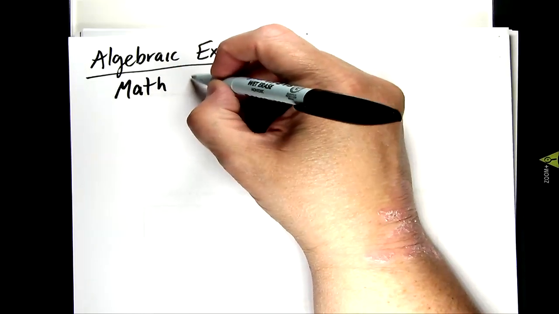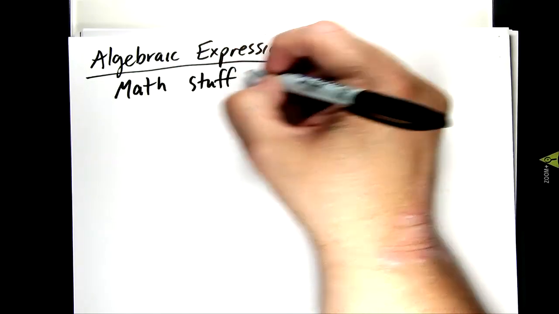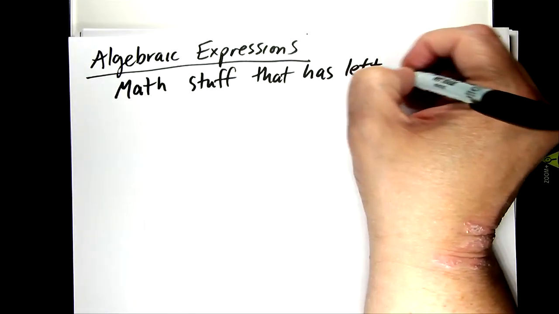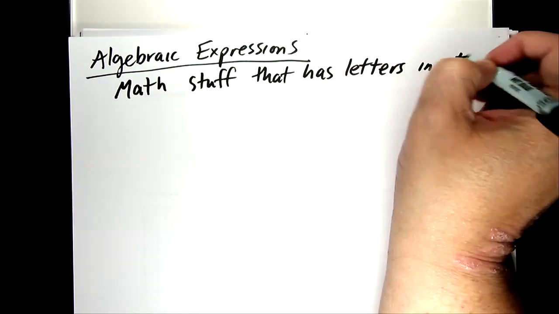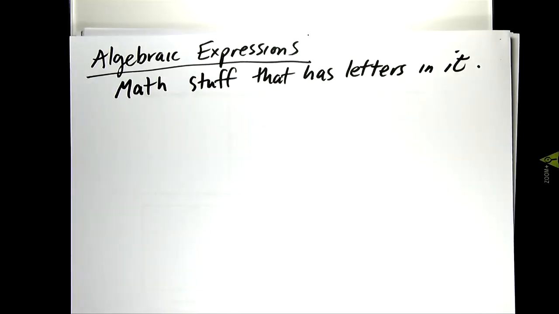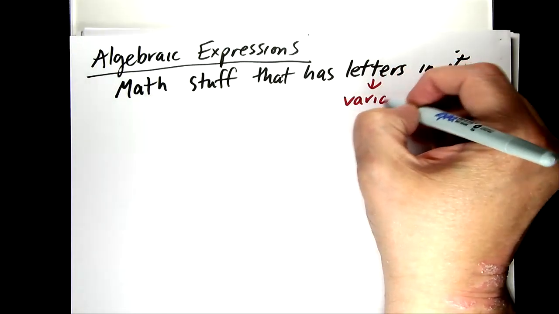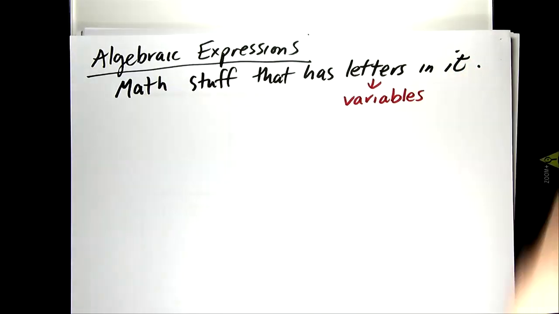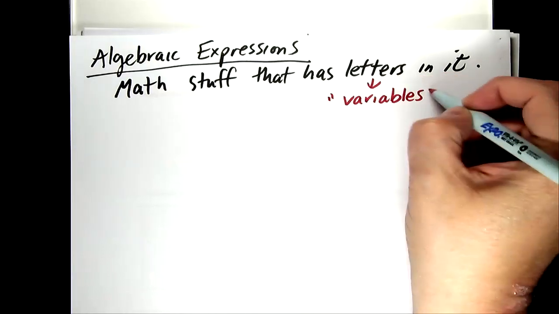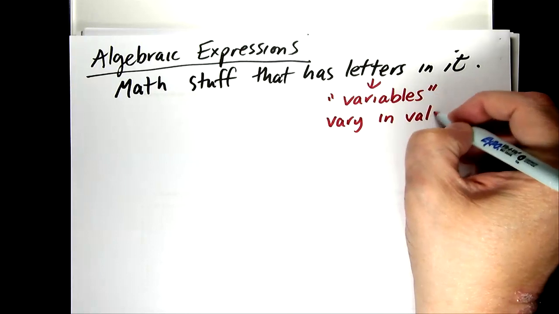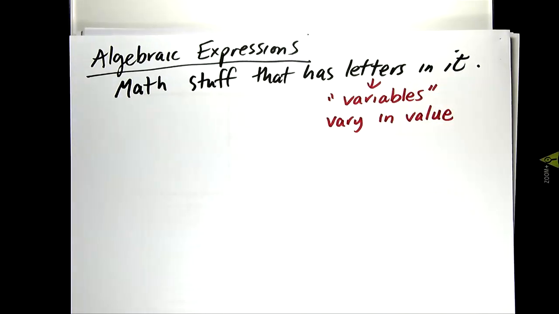This is math stuff that has letters in it. And these letters are called variables. The reason why they're called variables is because they vary in value. They can equal different amounts.